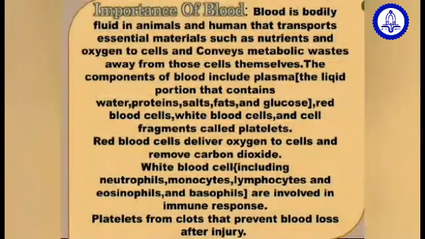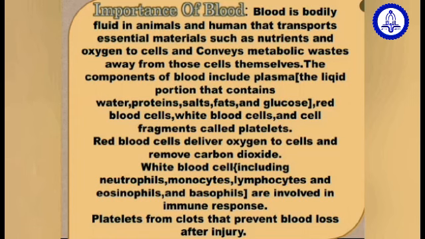Importance of blood. Blood is a bodily fluid in animals and humans that transports essential materials such as nutrients and oxygen to cells and conveys metabolic wastes away from these cells themselves. The components of blood include plasma, the liquid portion that contains water, proteins, salts, fats, and glucose, red blood cells, white blood cells, and cell fragments called platelets.